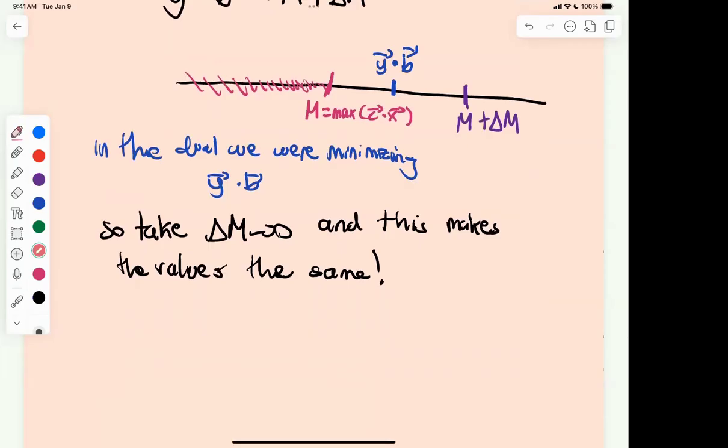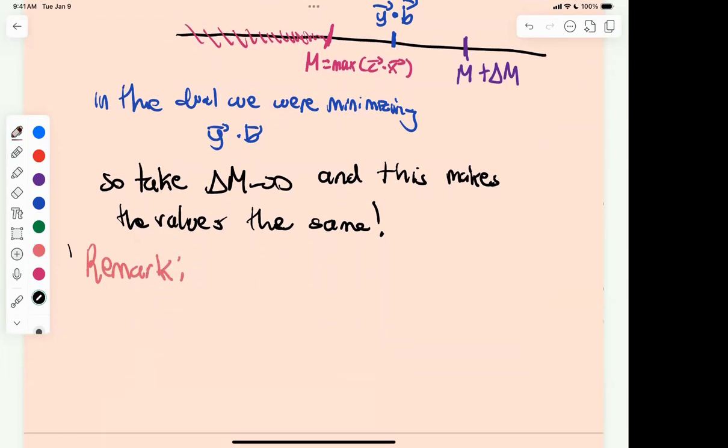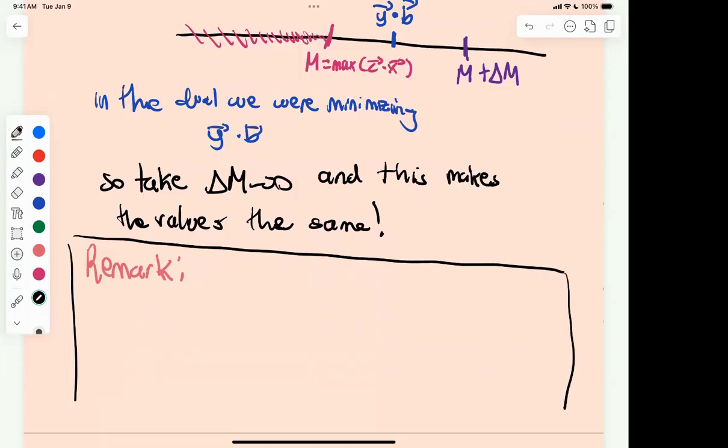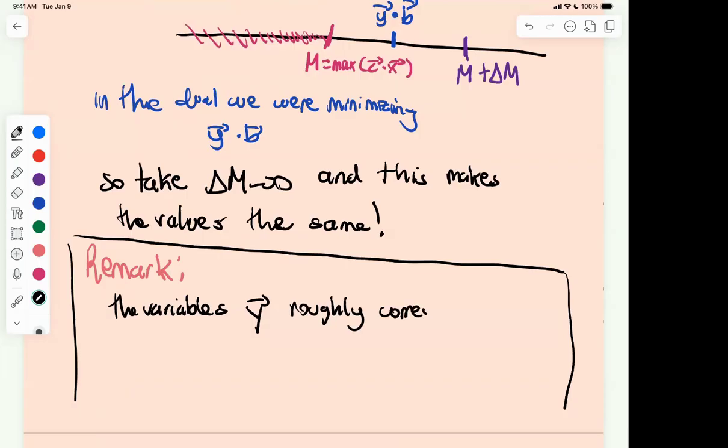The variables y roughly are the Lagrange multipliers if you consider the optimization problem as a problem with constraints. Okay, y roughly corresponds to the Lagrange multipliers.